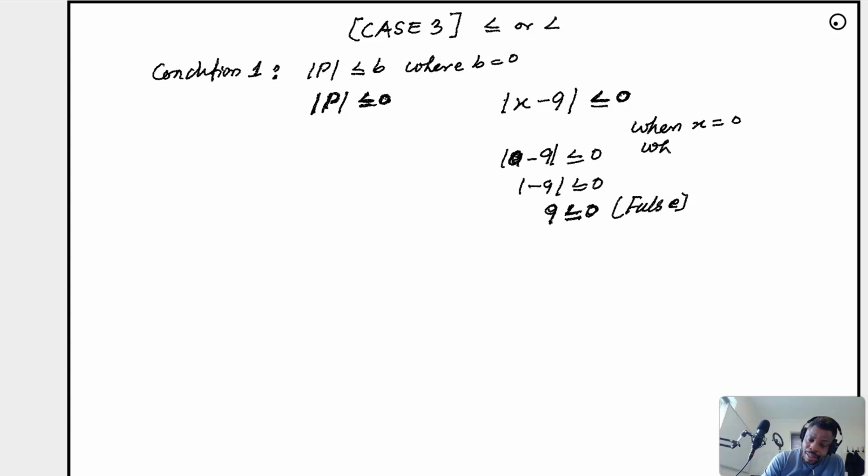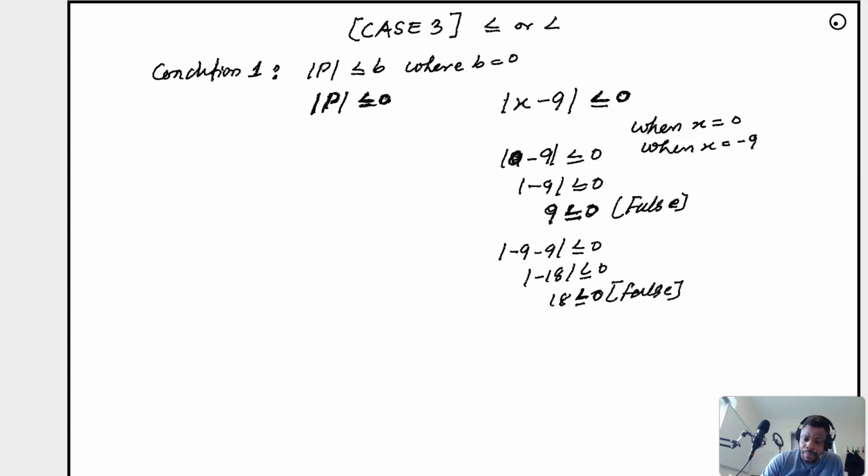Now let's say when x is equal to minus 9. So the modulus of minus 9 minus 9 is less or equals to 0. This is minus 18, so it's 18 less or equals to 0. 18 is not less than 0 and is not equal to 0. This is also false.